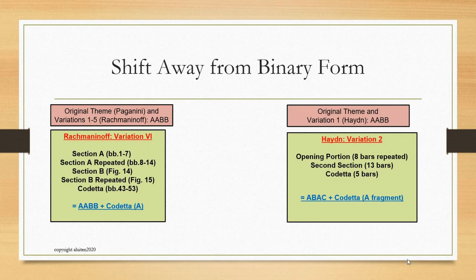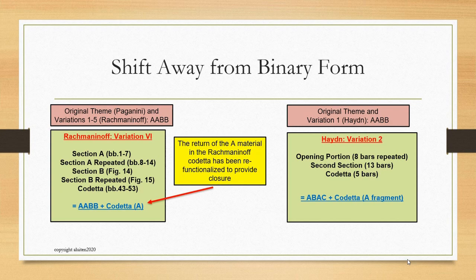The codetta in both instances contains either a citation, in the case of the Haydn, to the A material, here in the form of a fragment, or to a more direct transplanting of earlier material in the case of the Rachmaninoff. However, here the function of the earlier material has been transformed to provide closure to the movement and contribute to a greater sense of symmetry.